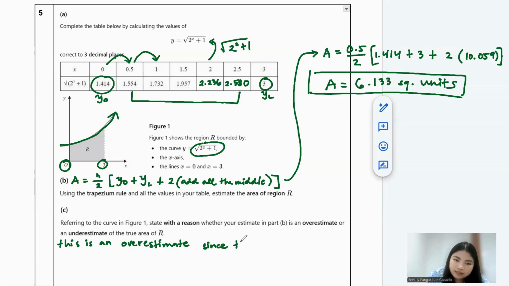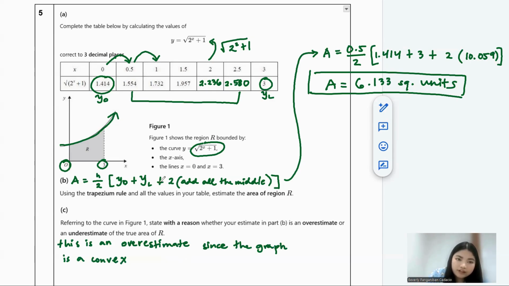Since the graph is a convex. When you say convex, it curves upwards, or its second derivative will be positive.